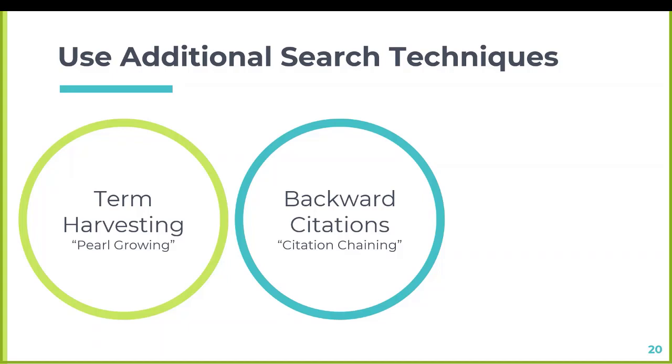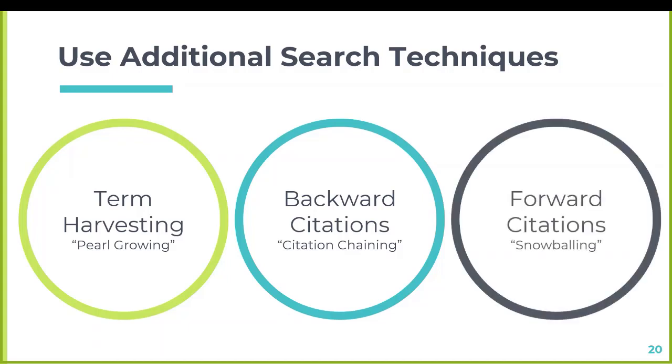So what they looked at when they were writing their article or book. Forward citations, also called snowballing. This is looking at the cited by portion of the relevant article to review the title or abstract of publications that have cited your relevant article.